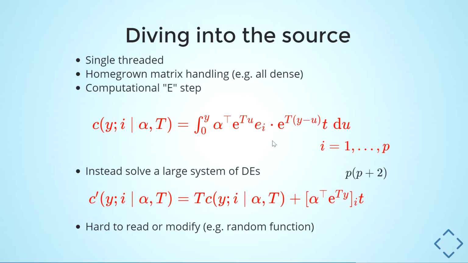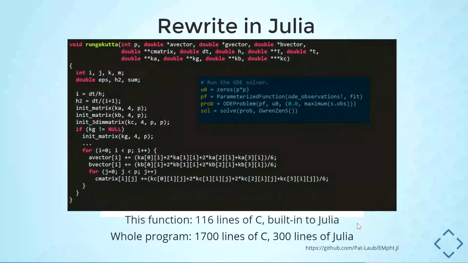So this is the reason why the whole algorithm took forever. And the solution they were using was to solve this integral by finding a system of differential equations whose solution would be the integral. So they were actually just doing some kind of Euler scheme.